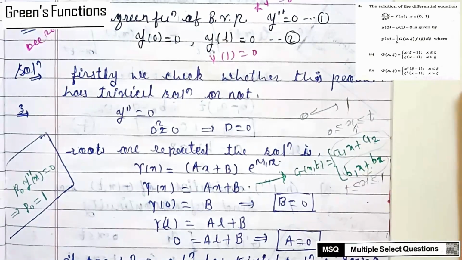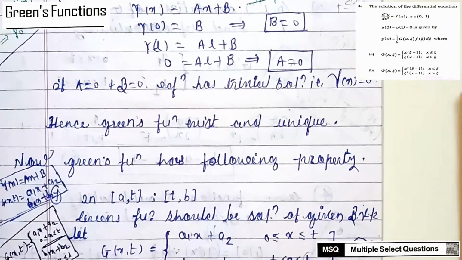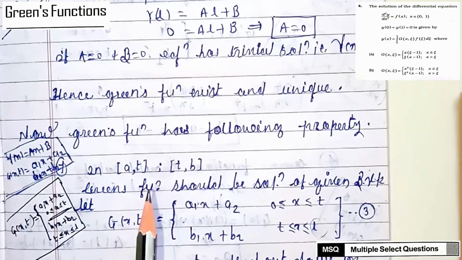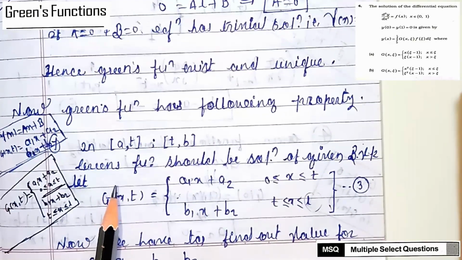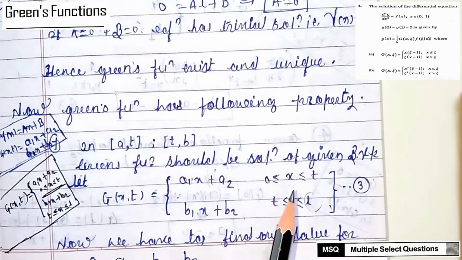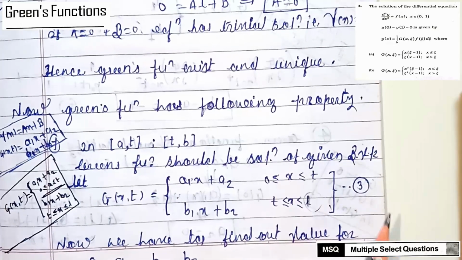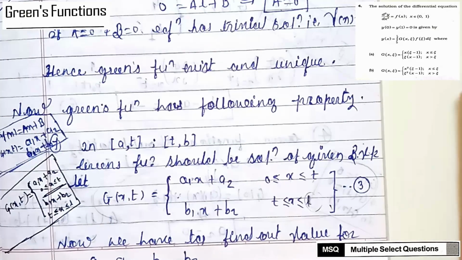Now let's define the Green's function. As per our condition, g of x,t is equal to a1x plus a2, b1x plus b2, for 0 to x,t and t to x,1. So I got the Green's function over here. This is our required Green's function.